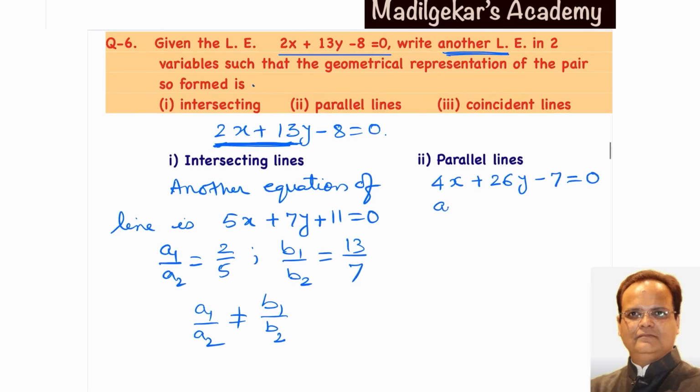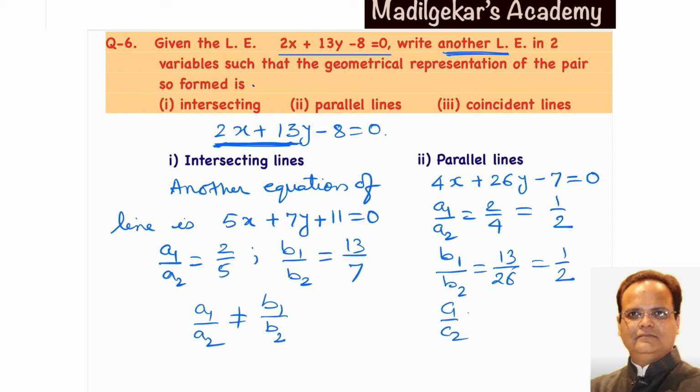Then you can check: a1 upon a2 means 2 upon 4, which is 1 by 2. b1 upon b2 is 13 by 26, again 1 by 2. And c1 upon c2 is minus 8 by minus 7, which means 8 by 7.